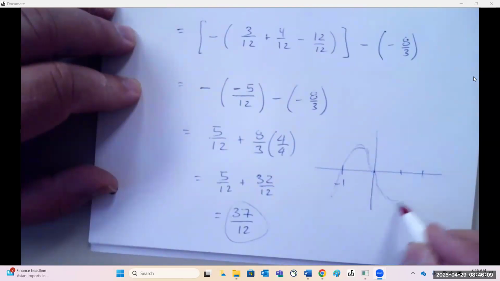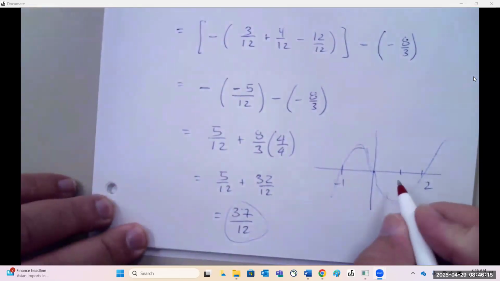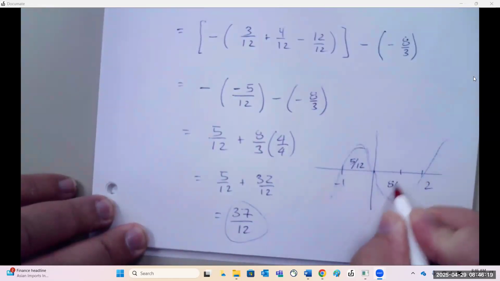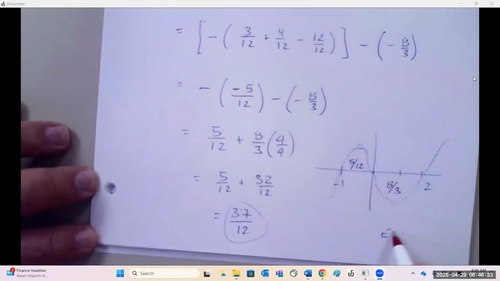And then the majority of it is below, from 0 to 2. So this one would be 5/12. This is 8/3. When you add them together, you get 37/12. So far, so good. All right, so that's the end of that section.